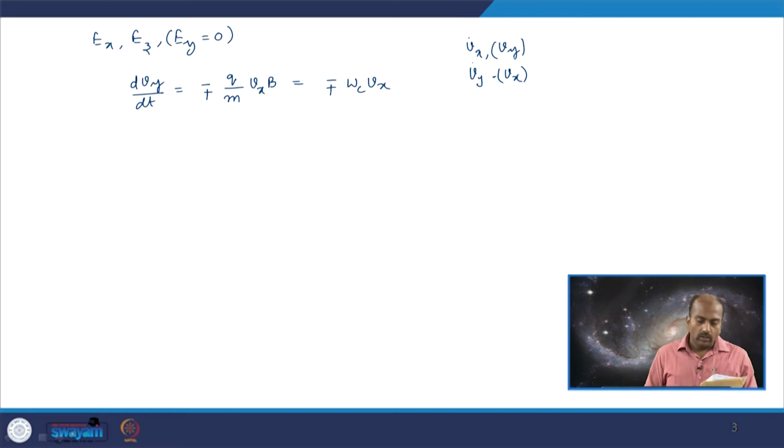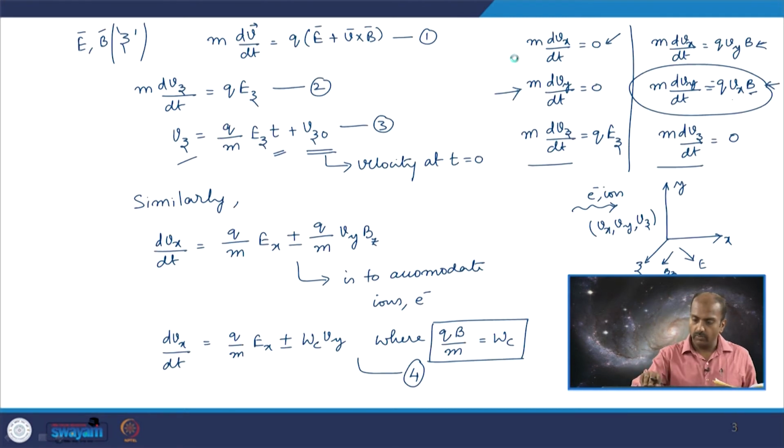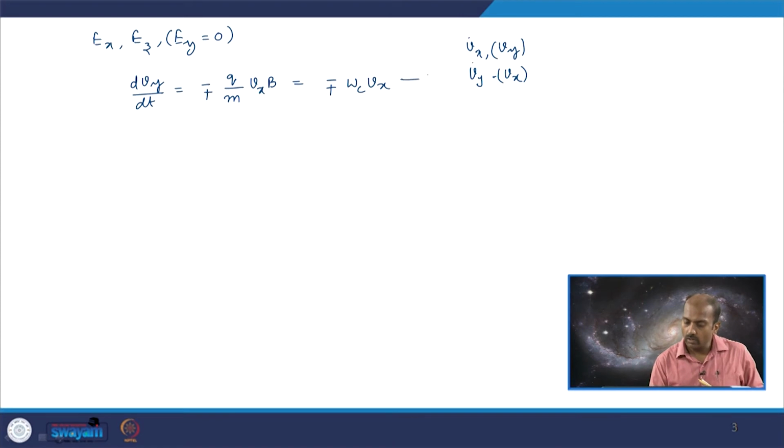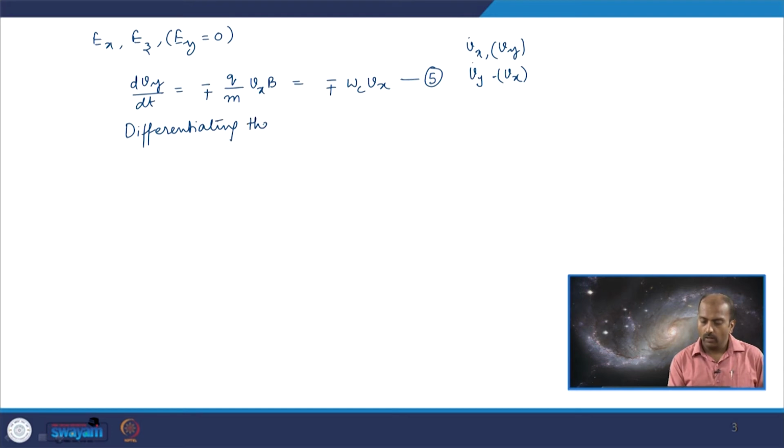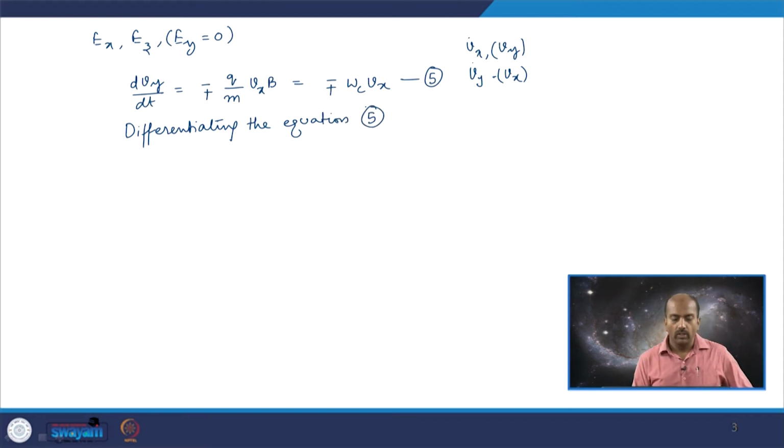Now let us call this equation 4 and this equation 5. Now let us differentiate the above equation, differentiating equation 5.